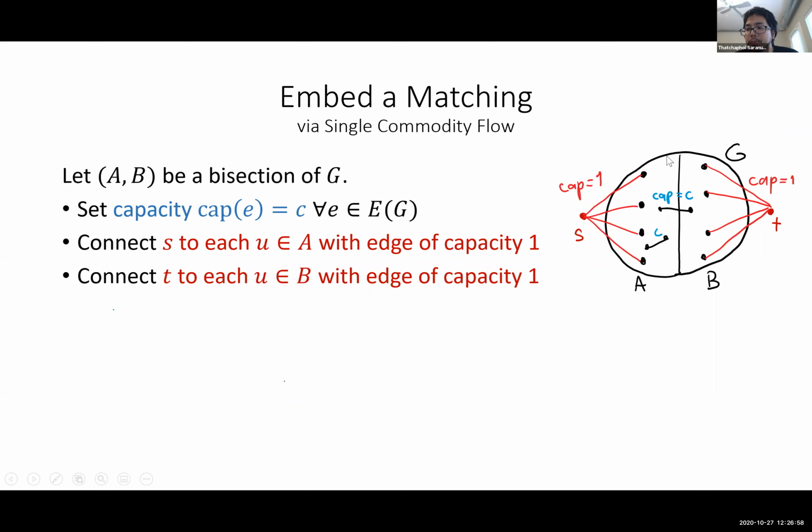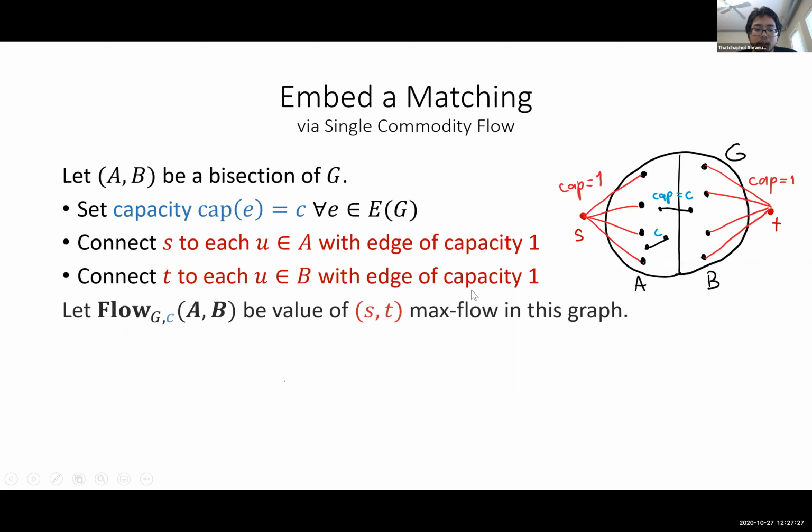How? Suppose you have a graph G, black graph, with a bisection A and B. You can first set the capacity of every edge to be C, and then add a dummy source S, connect it to everyone in A with capacity 1, and similarly have a dummy sink T, connect it to everyone in B with capacity 1.